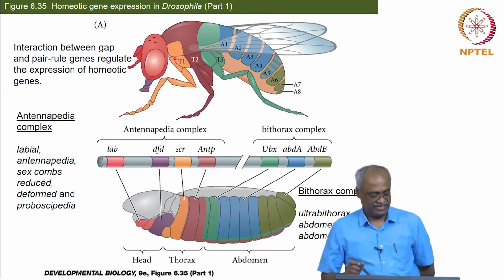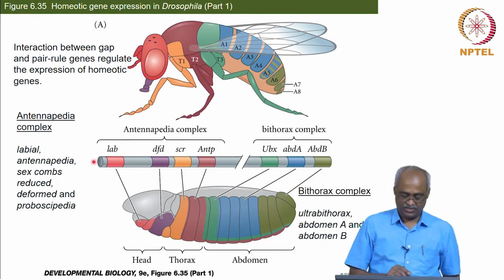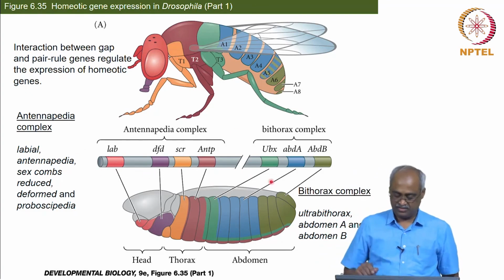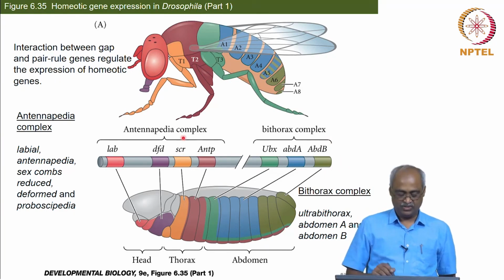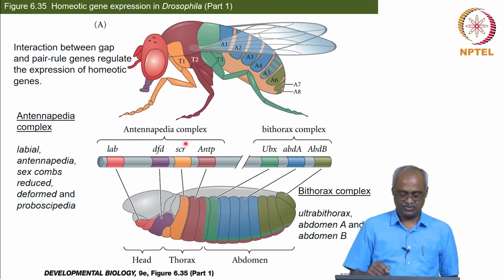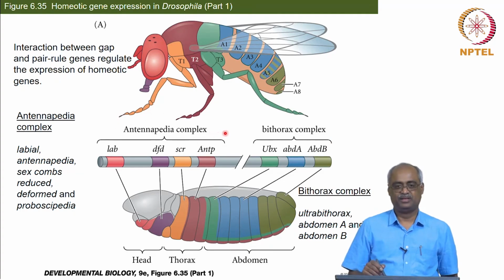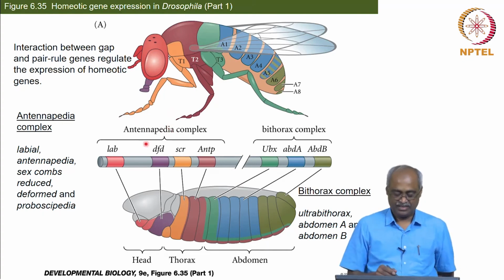Now, what are these genes? This middle bar shows you chromosome 3, a part of it, of Drosophila. In that you have two groups of genes, one called the antennapedia complex. The name will become very clear when we get to the next slide.